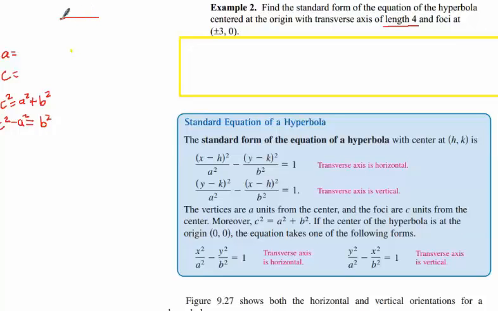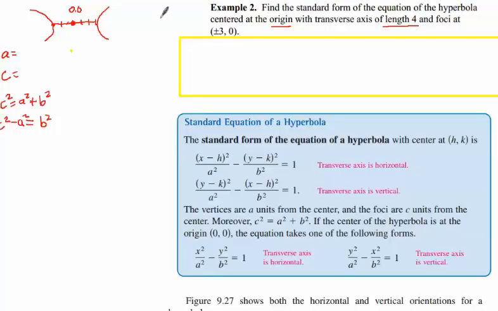So we're going to have a center at 0, 0, because they gave us that, it says origin. Foci at plus and minus 3, comma 0. So 3, comma 0 is a focus, and negative 3, comma 0 is also a focus.